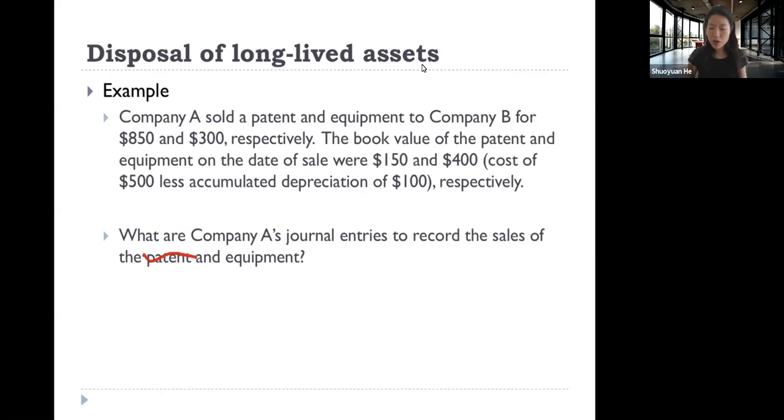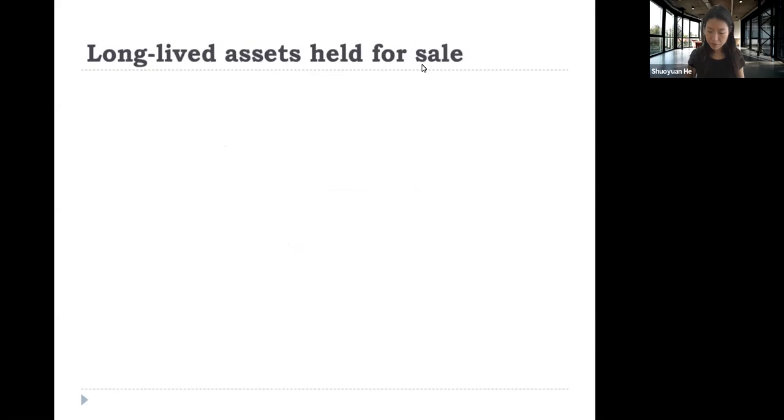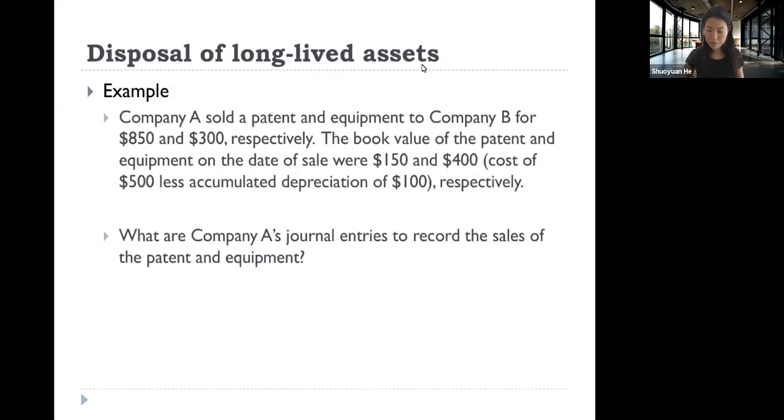First, try to write out a journal entry by yourself, and you can pause your video for now. So what is Company A's journal entry here?